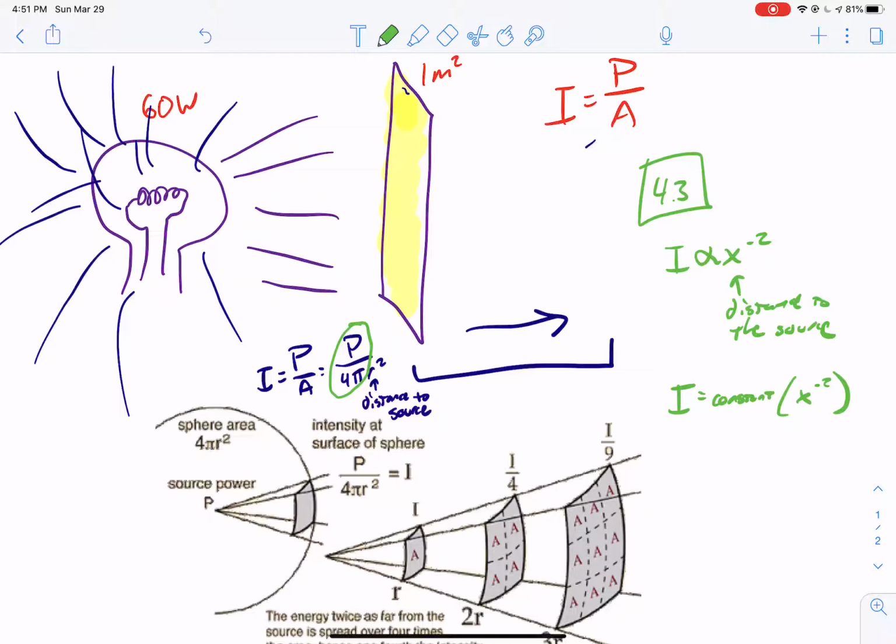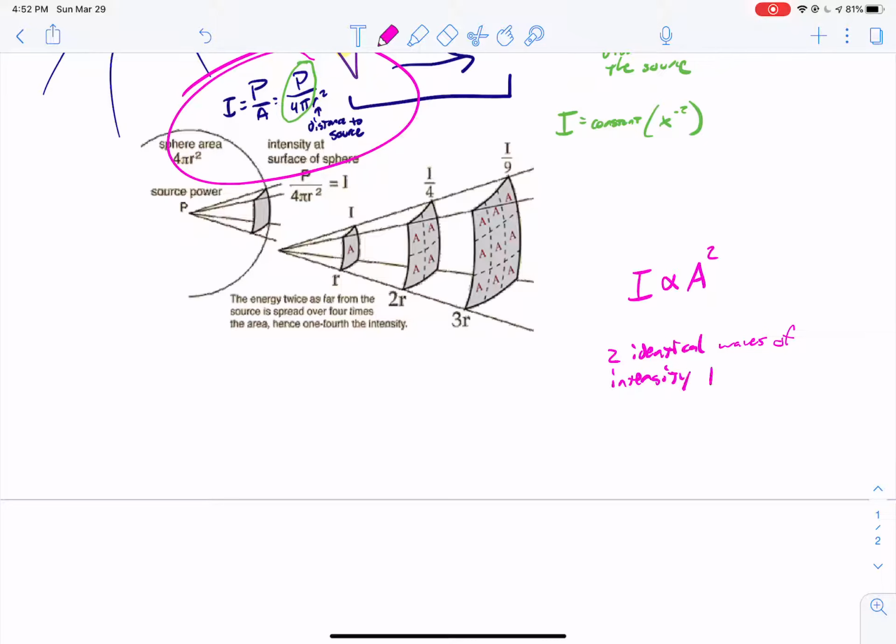There's the other equation we talked about the other day, looking at intensity and amplitude. Intensity is proportional to the square of the amplitude, which means if you have two identical waves of intensity I that constructively interfere, their amplitudes are being added together.